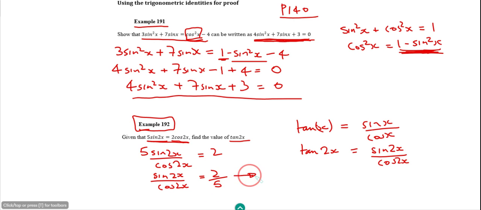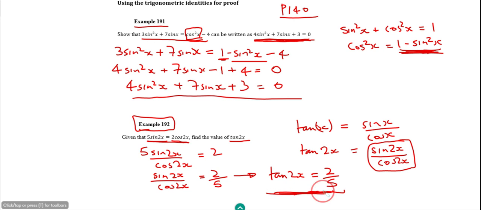And then from that, we can just use our identity and replace the sine 2x over cos 2x by tan 2x. And we can say tan 2x is equal to 2/5. So we've completed that one.